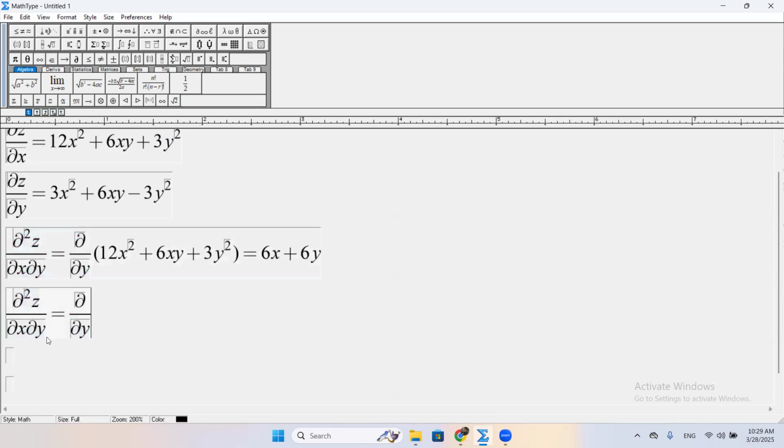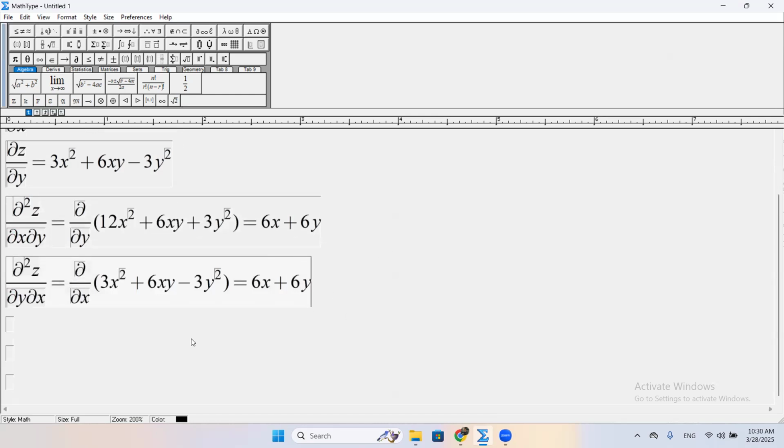Now finding in another order. So d2z by dy dx, and now we differentiate the first derivative by y, then we differentiate by x. And what do we have here? So 6x plus 6y. So we see that these mixed derivatives are equal. So d2z by dx dy equals d2z by dy dx.